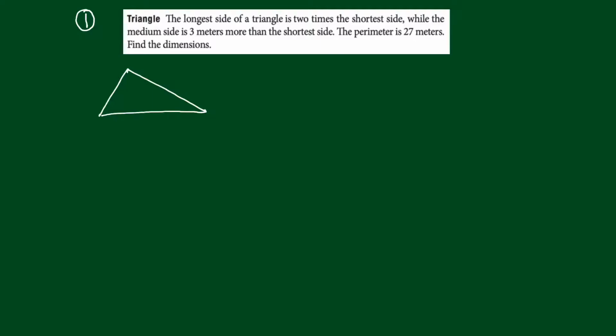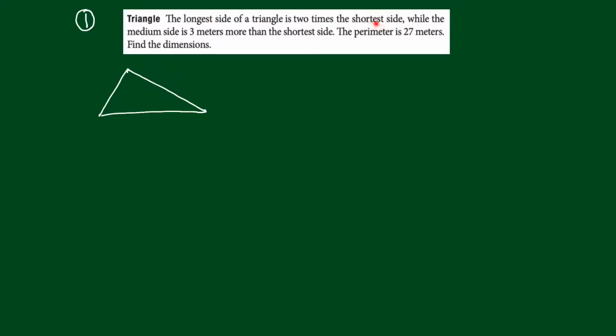Now, go back into the wording and look for a relationship. Here's what this says. The longest side is 2 times the shortest side. So when you read these, you're going to introduce a variable like x, and typically the way it works is you're going to let x equal the second thing that comes up. So the longest side is 2 times the shortest side.